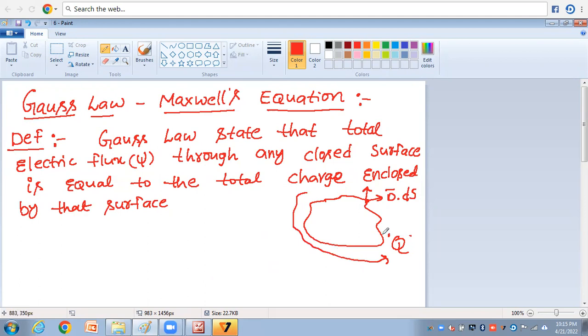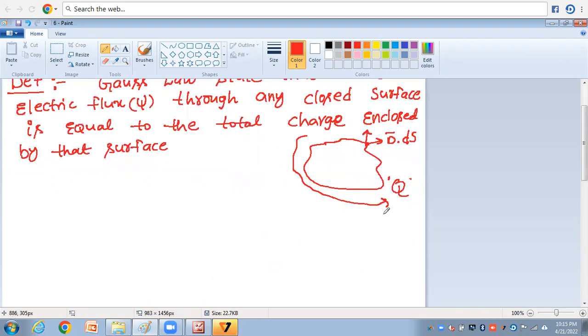Now I will start with the equation part.